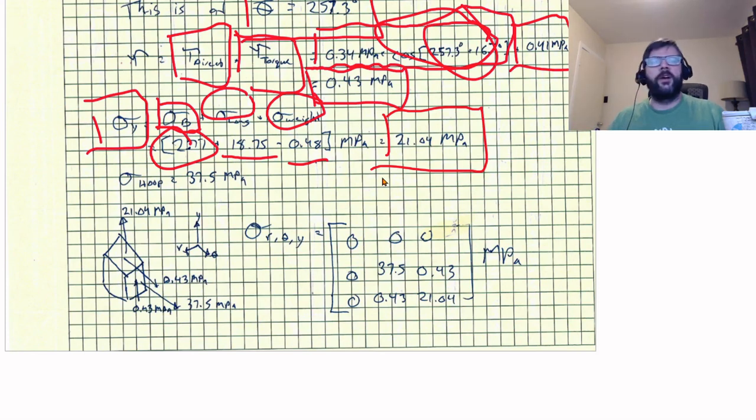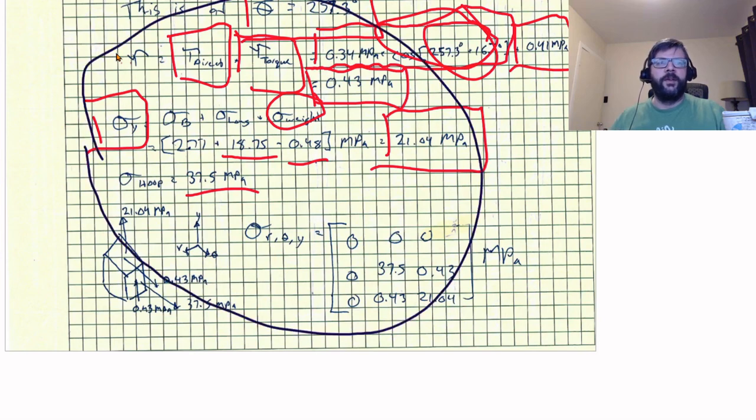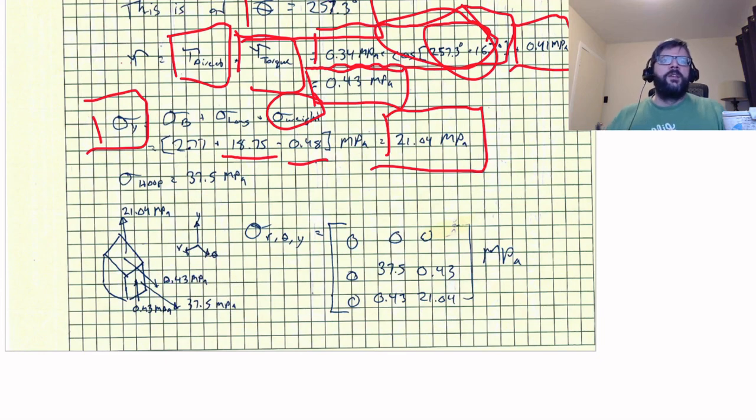Just drawing this element here, orienting it based upon the fact that it's located right here. Let me change colors. So again, y direction 21.04, theta direction 37.5, and then our shear stresses are going to be 0.43.